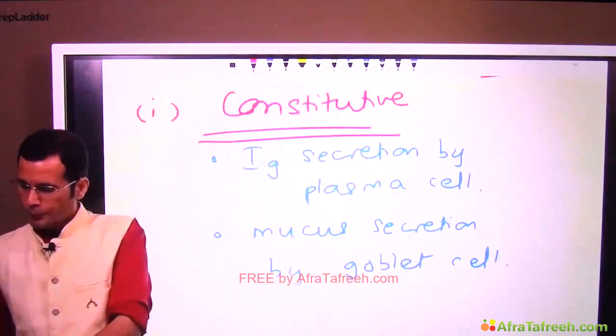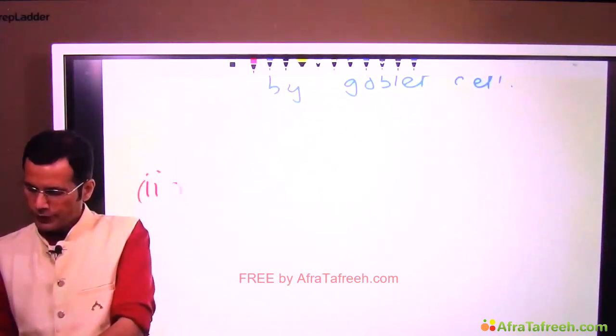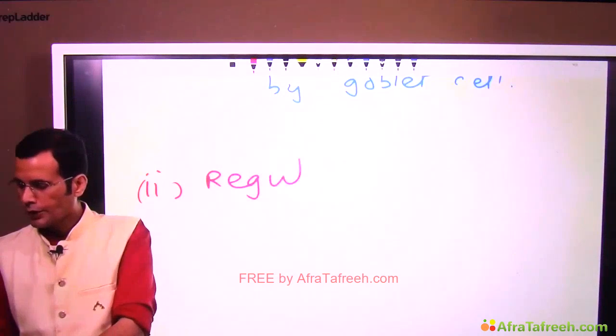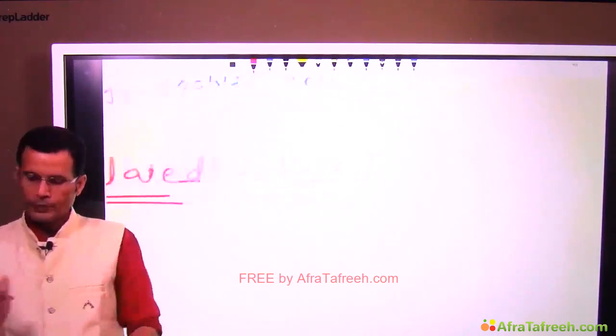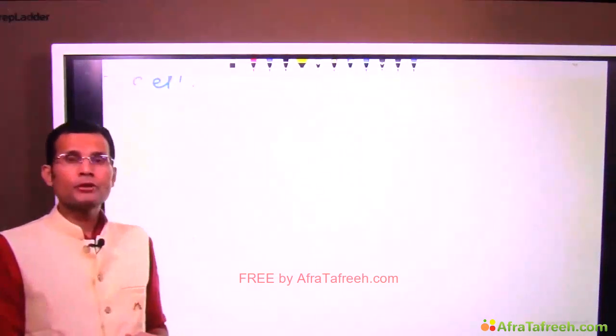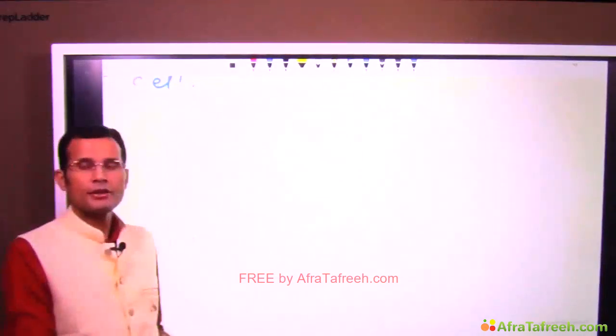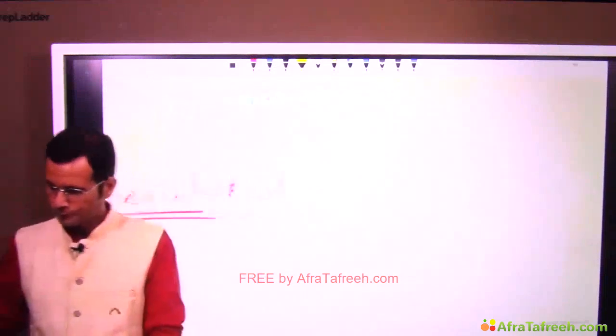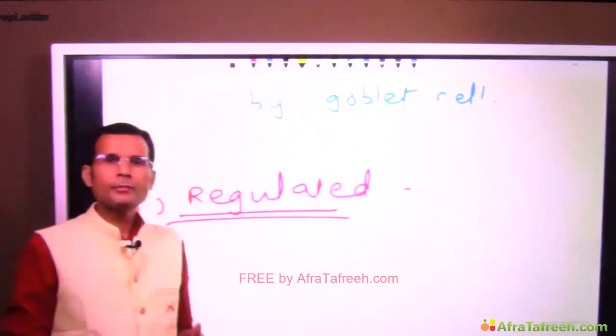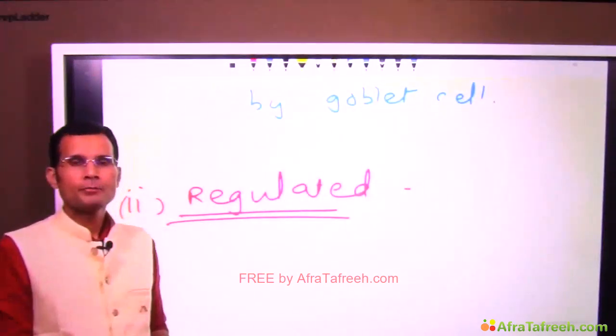The other type of exocytosis is called regulated exocytosis. Most of the examples of exocytosis fall in this category. Regulated means it will not happen continuously.